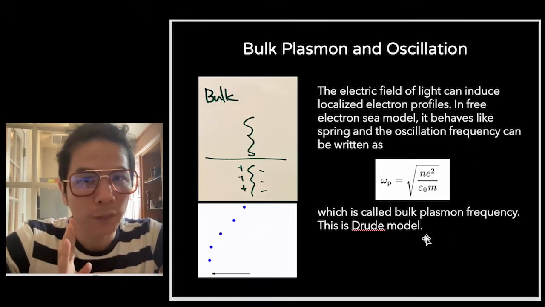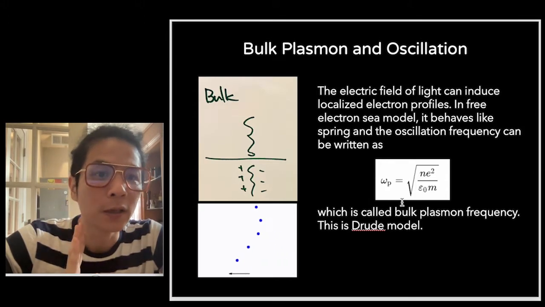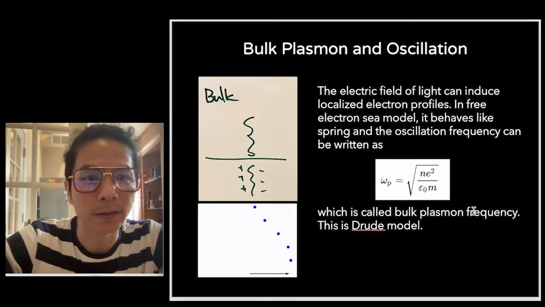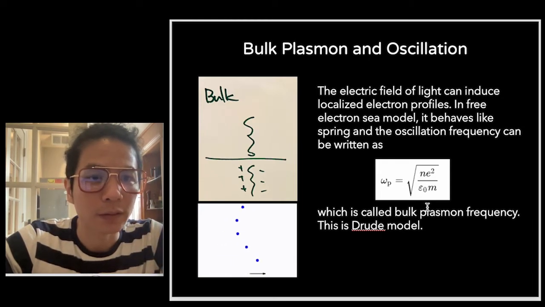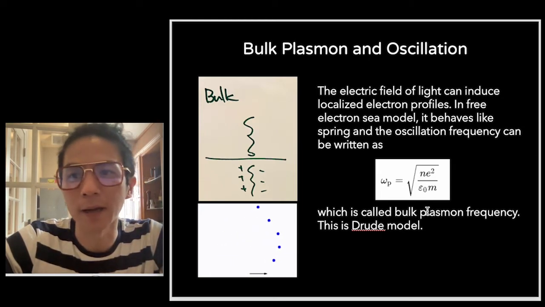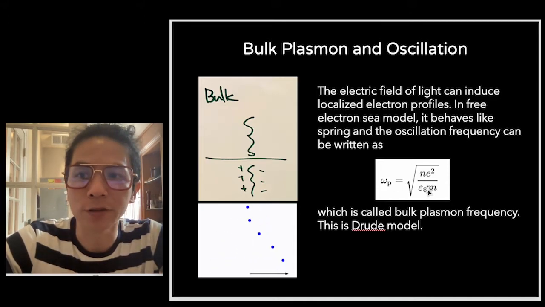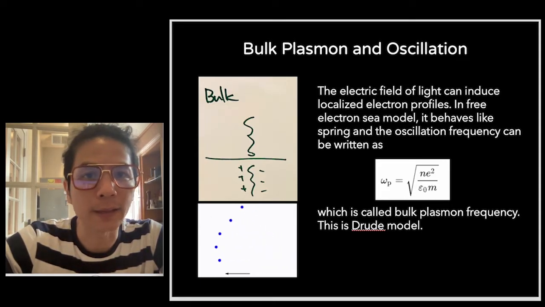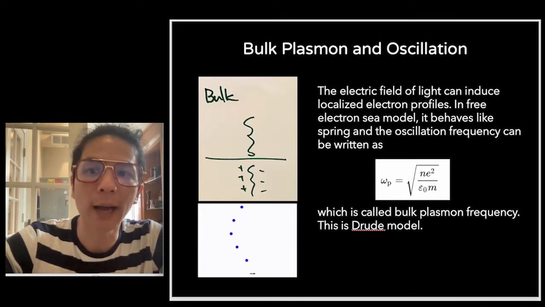So this is called the bulk plasmon frequency, and this is purely dependent on material properties, such as the mass of the electrons or the dielectric constant or stuff like that. Now this is always the starting point when you want to think about the plasmonic property of a metal.